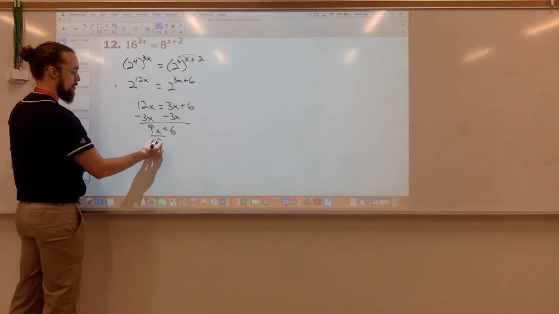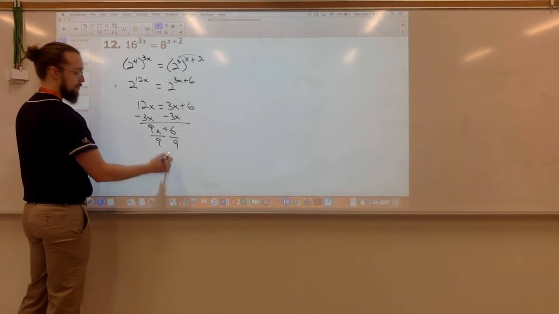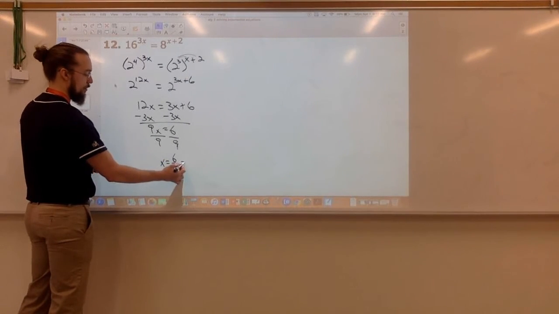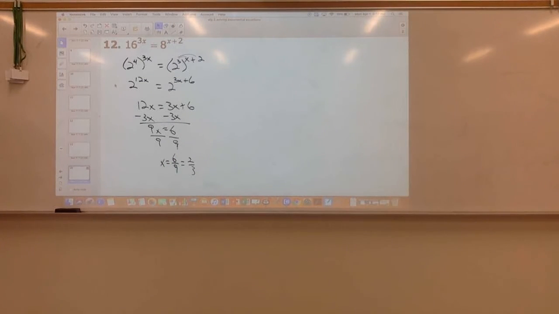So 9x equals 6, divide both sides by 9, we get 6 over 9, which reduces to 2/3. Questions? All right, let's take a few minutes here, and you guys try the last 2 on here.